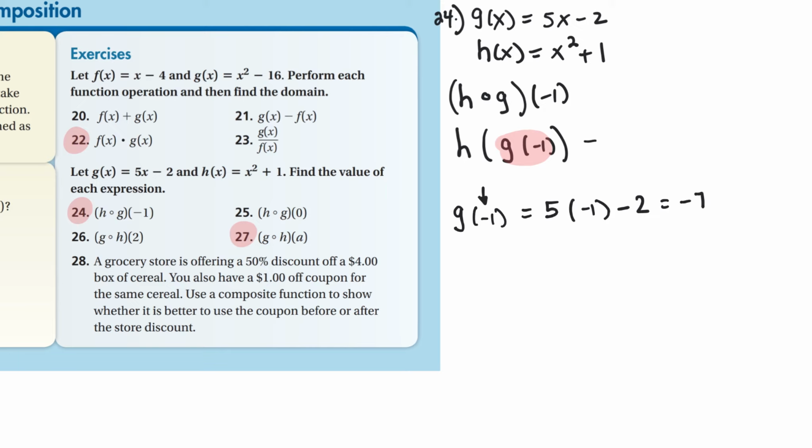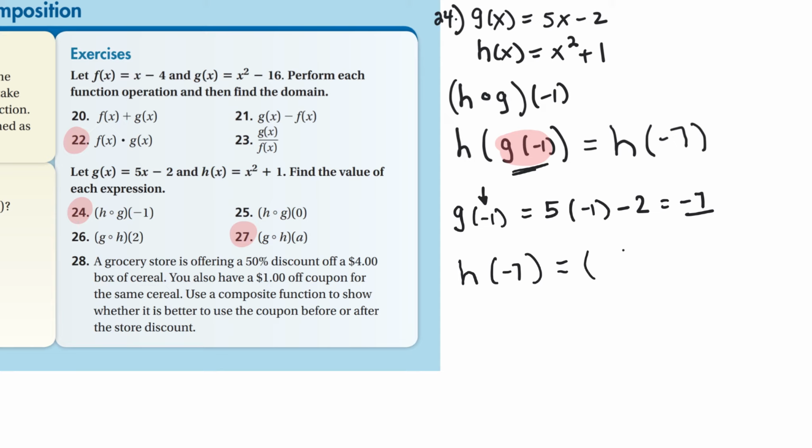So now you have h of whatever the input is, which is actually the output of g of negative 1. So that's going to go in here. So it's h of negative 7. So let me go ahead and find h of negative 7, which is the input negative 7 into h.